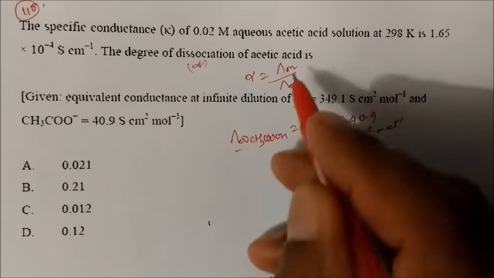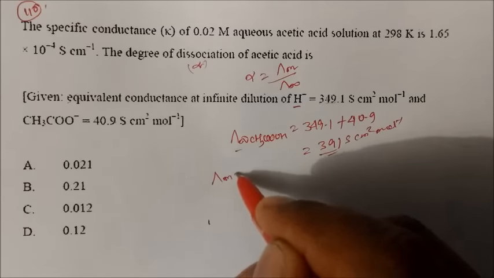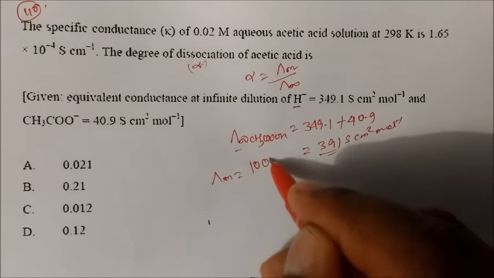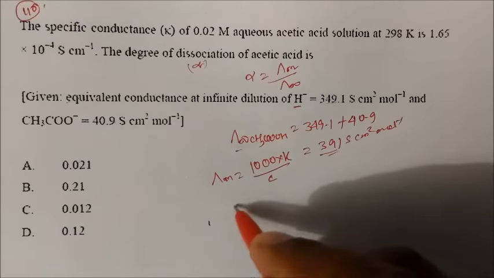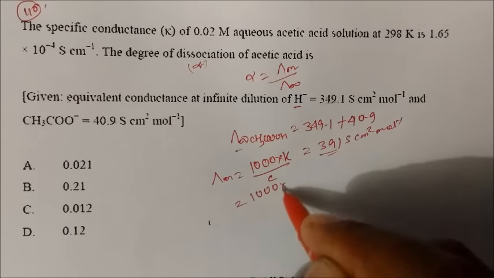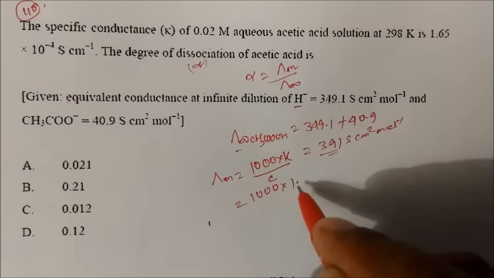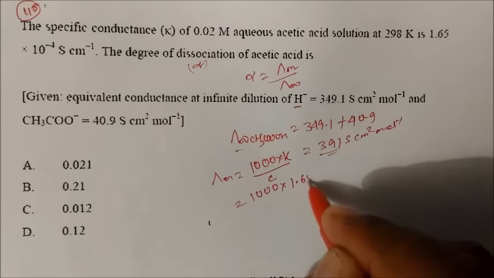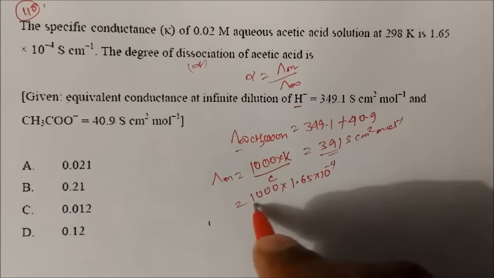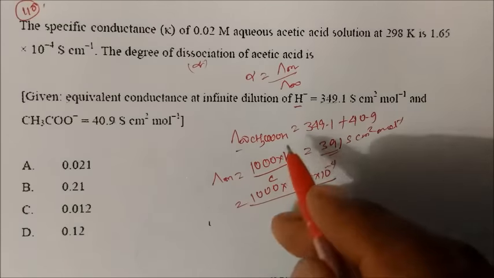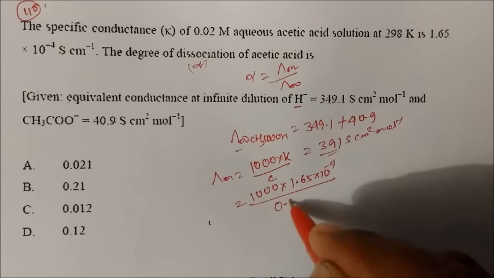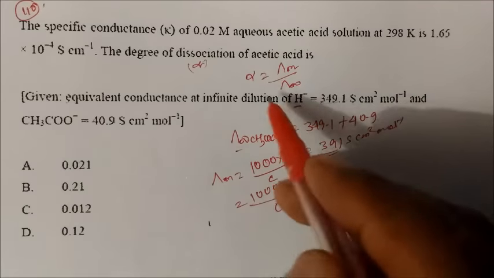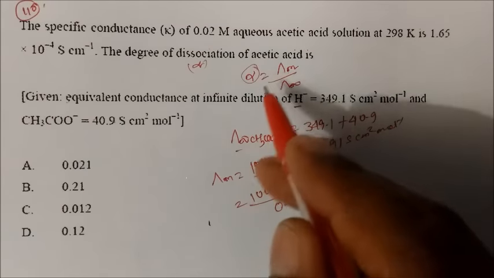How to find molar conductance? Molar conductance is nothing but 1000 multiplied by kappa divided by C. So 1000, and kappa value is given 1.65 multiplied by 10 power minus 4, divided by your concentration, which is 0.02. And degree of dissociation: alpha is lambda m by lambda naught.